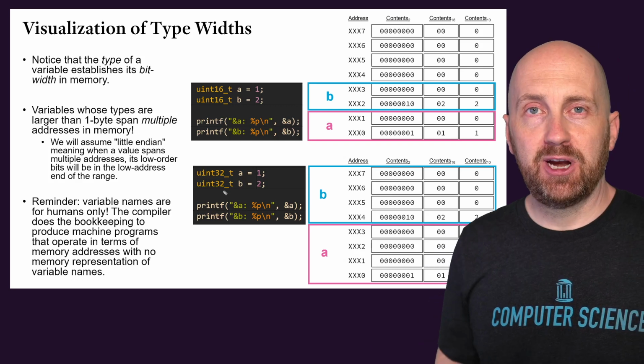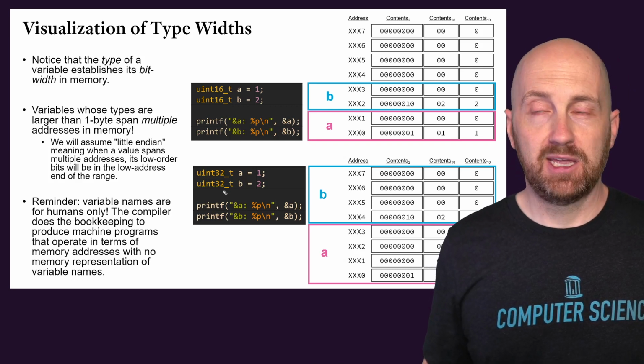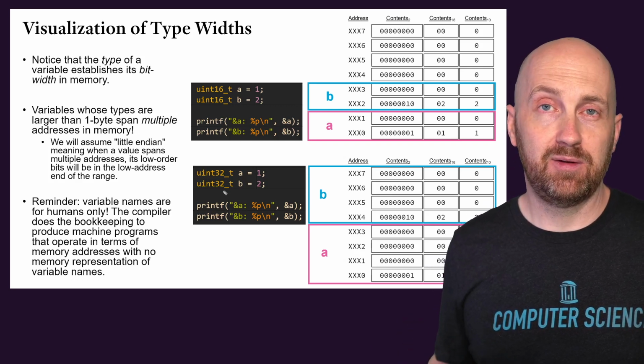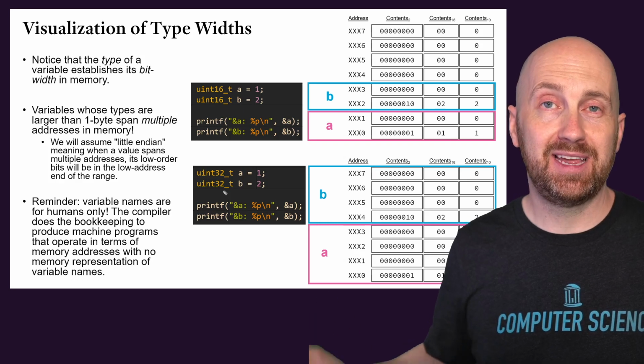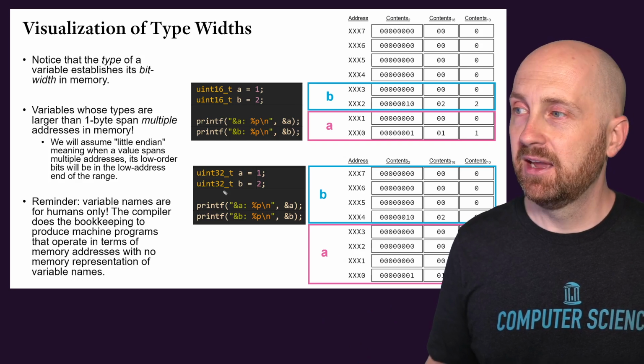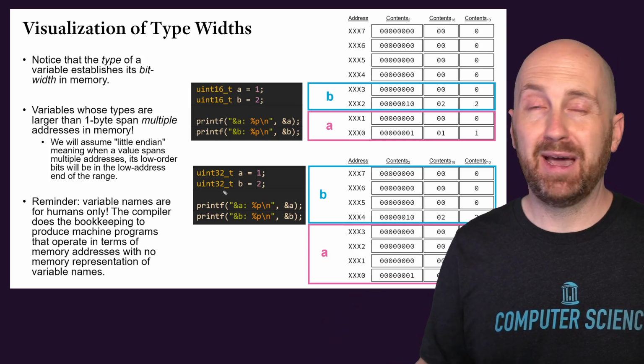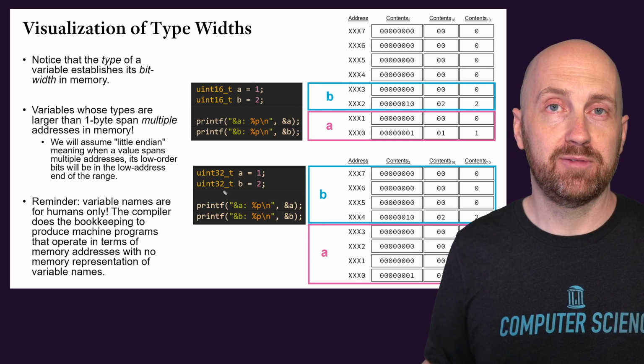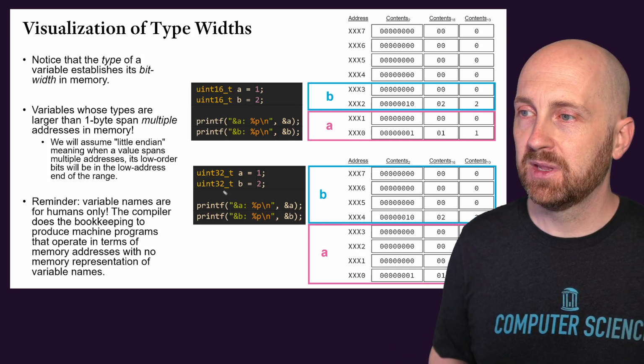So the type of a variable is going to establish its width, and what it's telling the compiler is how many bytes of memory are needed on the frame of the stack in order for this automatic variable to be set up when the function call begins and to have space for it.